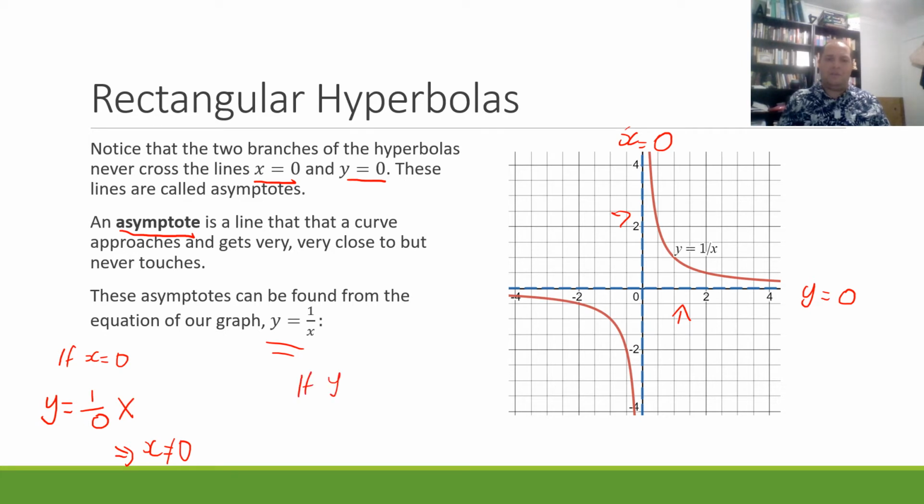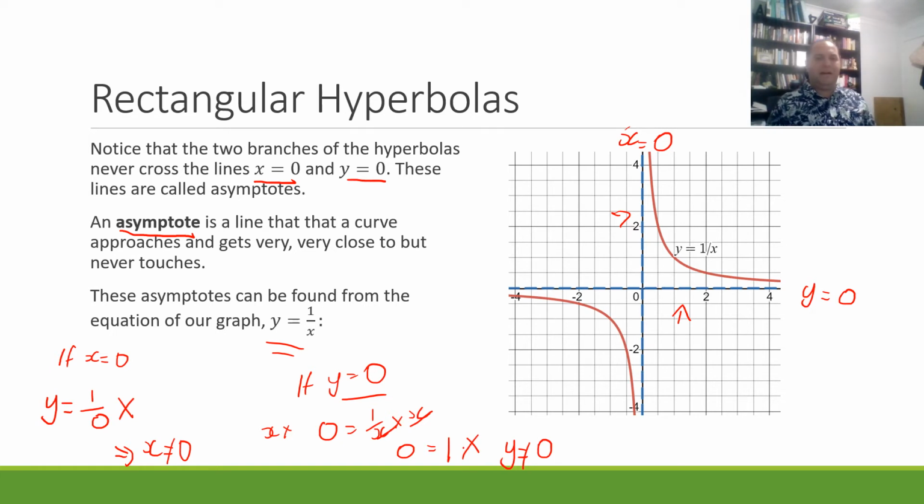What if y equals 0? If y equals 0, we'll have 0 equals 1 over x. If we rearrange this by multiplying both sides by x, x times 0 is going to be 0, and those will cancel, leaving 1. Well, that doesn't work either. 0 can't equal 1. So the statement we made at the start, that y equals 0, must be wrong, because we can't have 0 equaling 1.